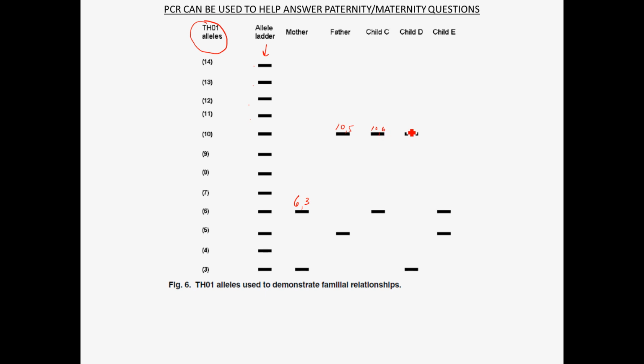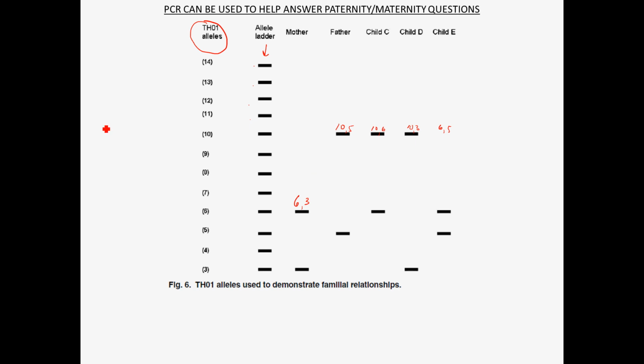Child D is 10-3, and child E is 6-5. Okay. So are these children the offspring of mother and father is the question here. So yes or no, and why or why not?